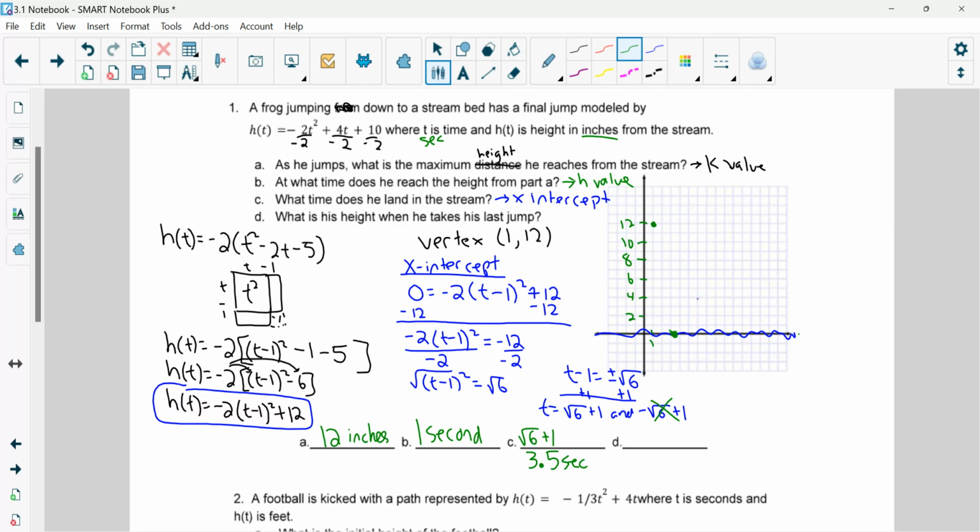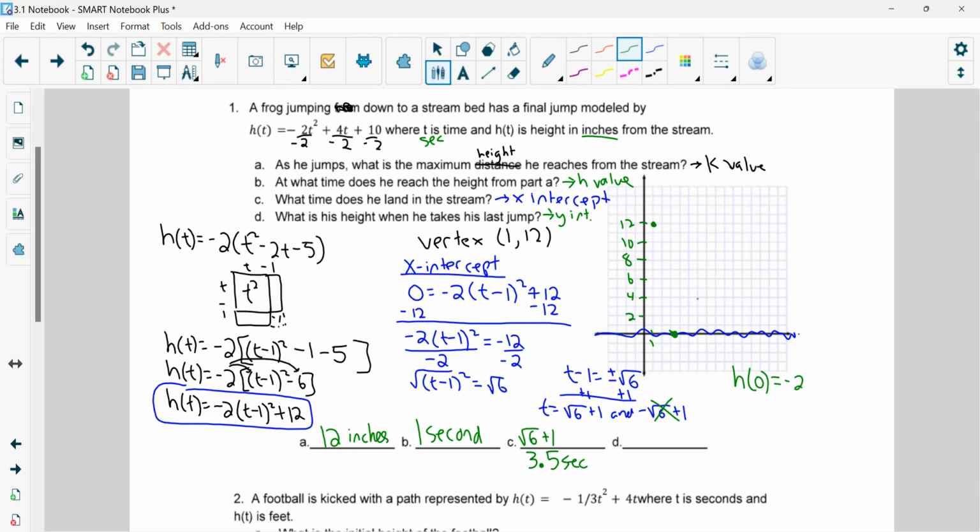Okay, last thing we want to do then is at what height did he take his jump? So where did he start his jump? How high up this tree or whatever did he take his jump to come back down? So we're basically saying where is it starting on the y-axis? So we're finding the y-intercept for this one, which is going to be where we plug 0 in for the t's.